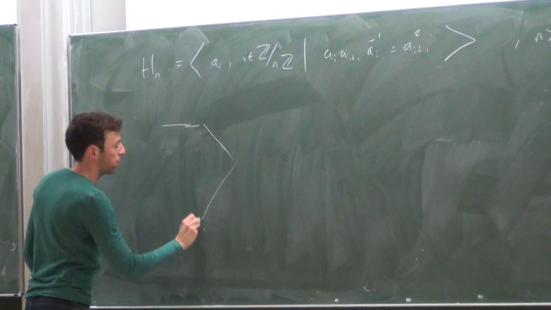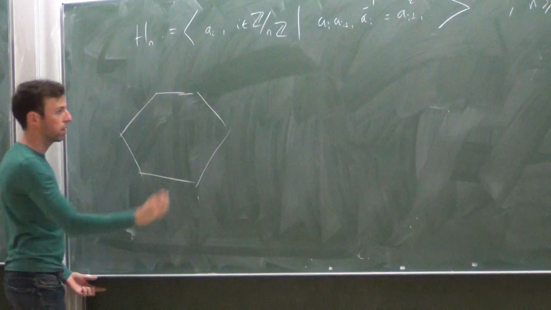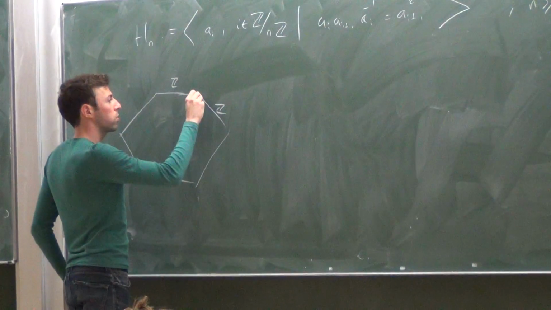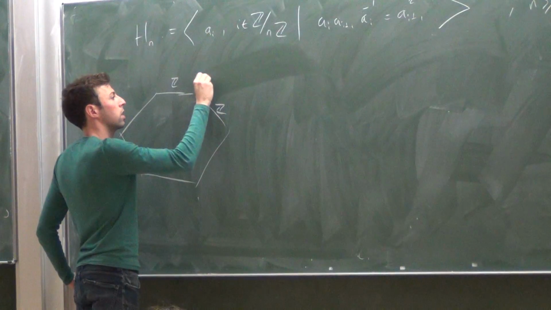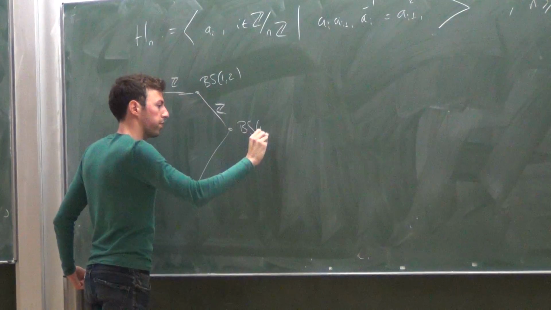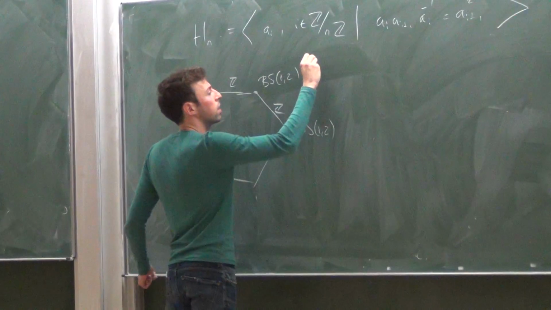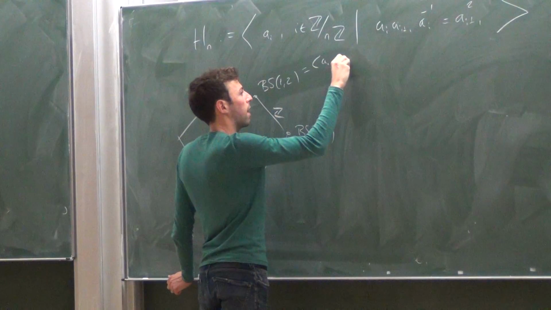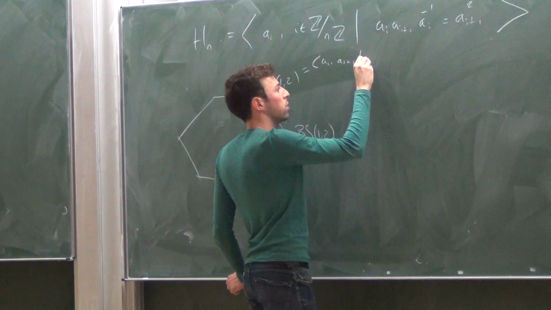You can do it for n equals 6, for example. You can analyze them as polygons of groups with Baumslag-Solitar BS(1,2) groups on the vertices.